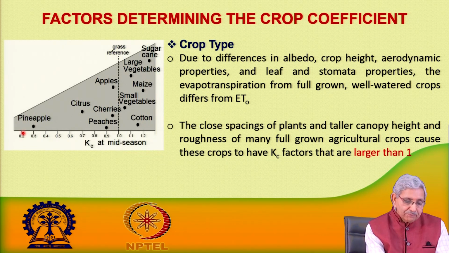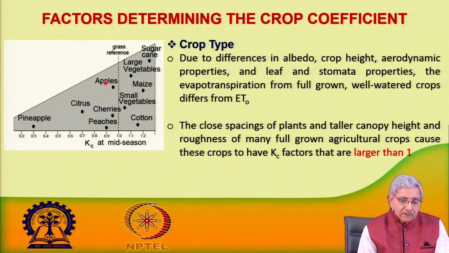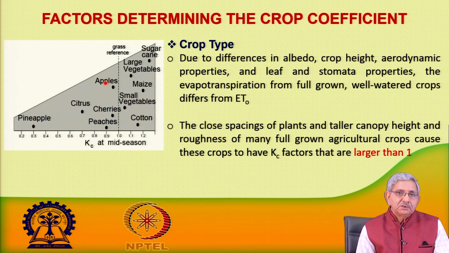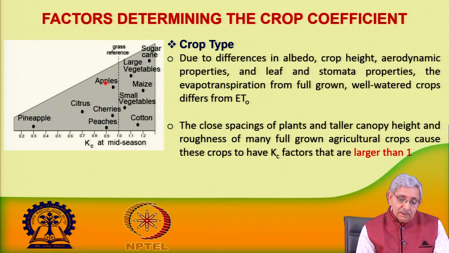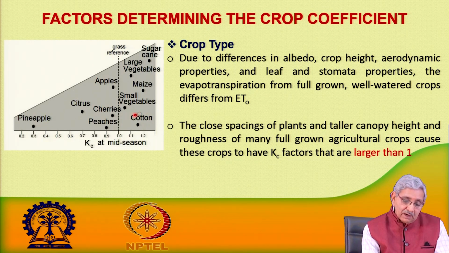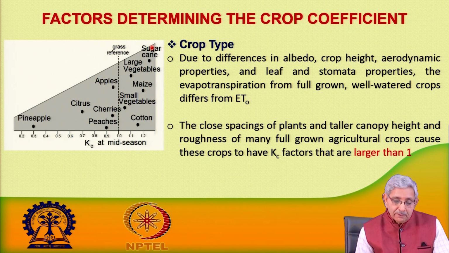Crops like pineapple, peaches, cherries, apple have a crop coefficient at the mid season stage less than the grass reference crop, and crops where the Kc value at the mid season is greater than 1 are cotton, some vegetable crops, large vegetable crops and sugar cane.